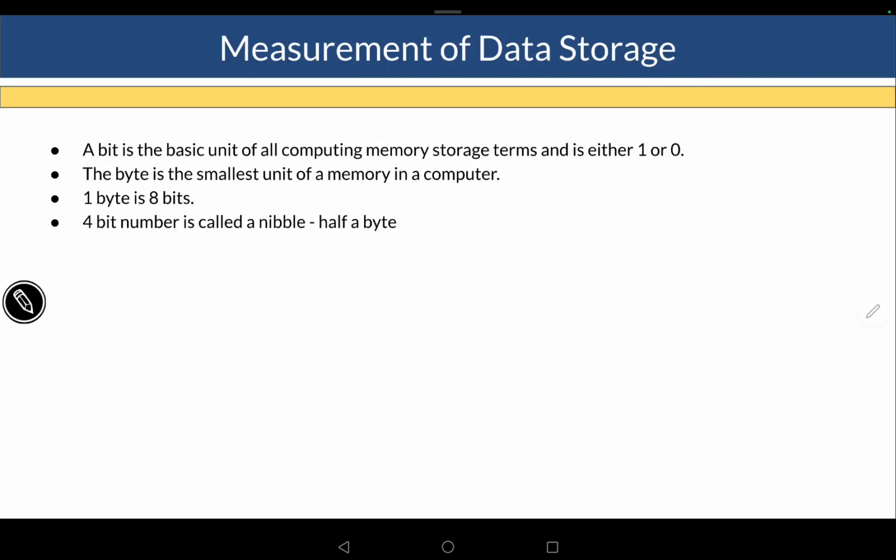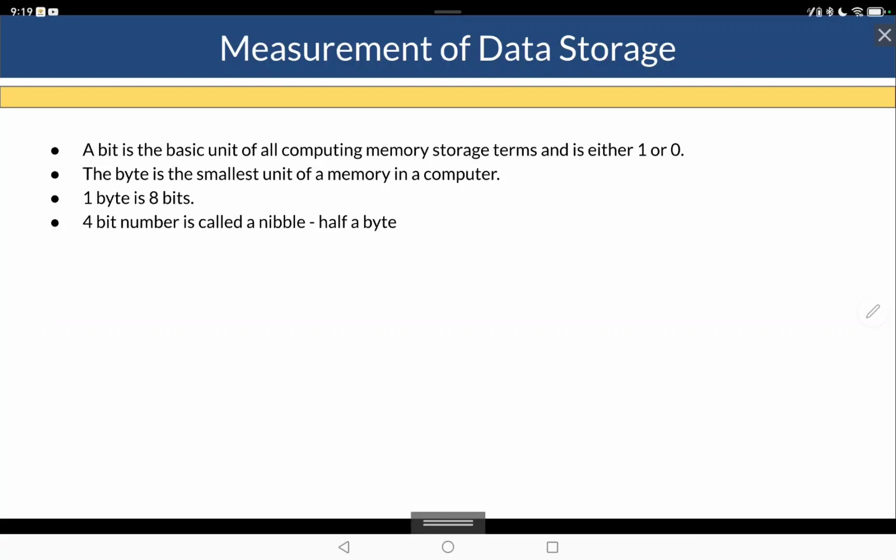Now, measurement of data storage. We say that zeros and ones are the building blocks of a digital system. And these ones and zeros are called bits. Each is called a bit. A bit is the basic unit of all computing memory storage.